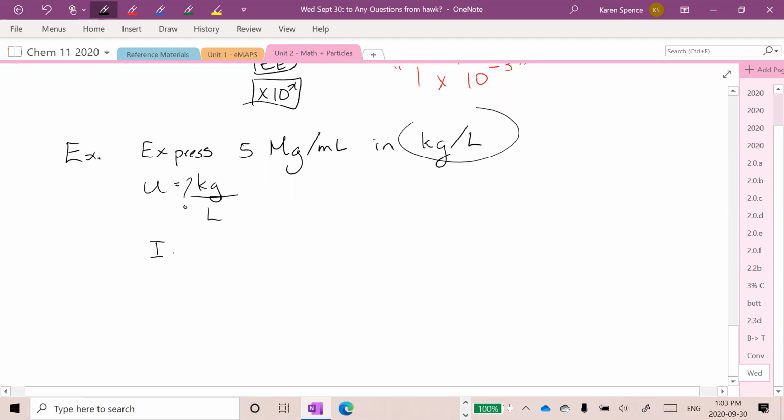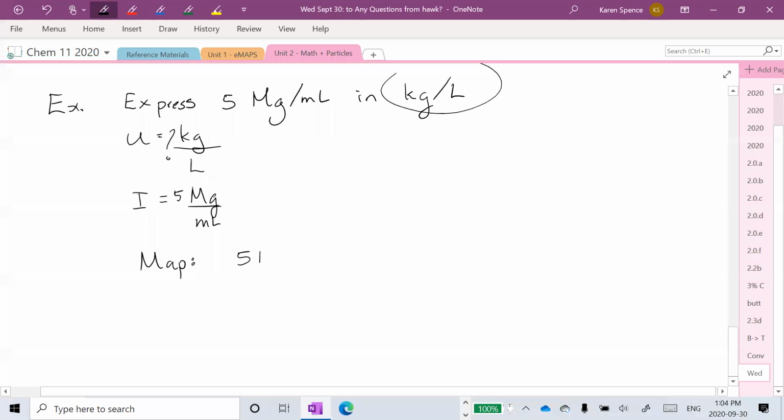And our initial quantity is megagrams per milliliter, 5 of them. And if I draw my map, then I will have 5 megagrams per milliliter. Let's convert the top first. Okay, we're going to convert the top part first. What will I convert megagrams into?